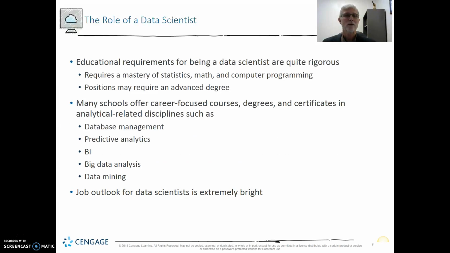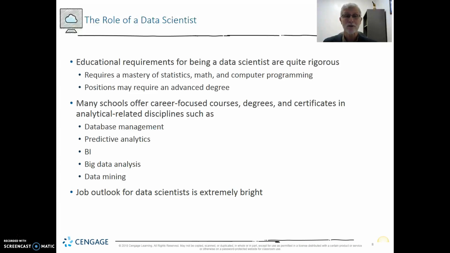It's definitely quite rigorous, what it takes: a lot of math, statistics, maybe some programming. A lot of these positions are very high-paying jobs. You may want to look it up on Indeed to see what a data scientist makes. If numbers and why things happen, and improving things, intrigue you, you may want to look into data scientist as a job.